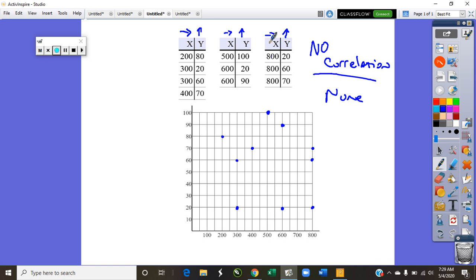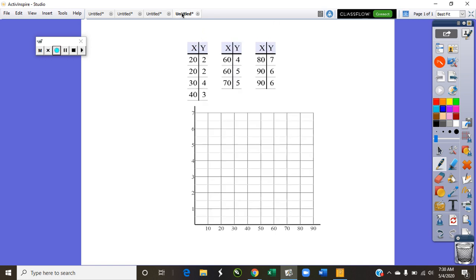All right, let's look at one more example here. Let's graph these points real quick. Remember, over, up, over, up, over, up. So over 20, up 2. So we're here. Over 20, up 2 again. We're there again. Over 30, up 4.